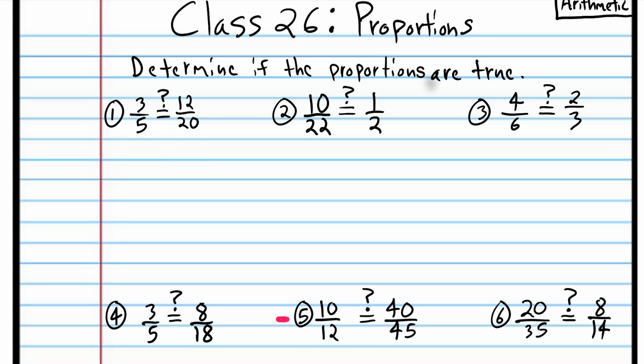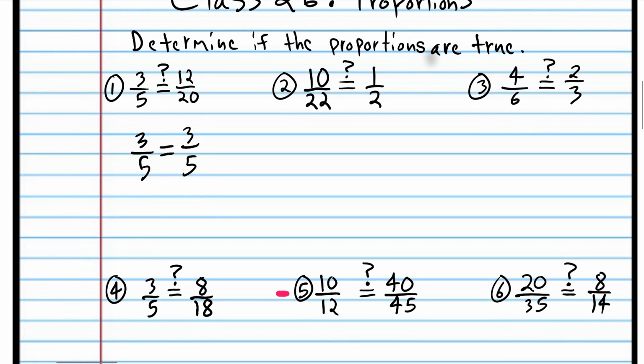So in order to do this, all we have to do is reduce this fraction to lowest terms, and if after we reduce it to lowest terms it equals this fraction, then the proportion is true, because this fraction is already in lowest terms. So rewrite the fraction that's in lowest terms. And if we divide both sides of the other fraction by 4, 12 divided by 4 is 3, and 20 divided by 4 is 5. So you can see the fractions are equal, and the proportion is true.